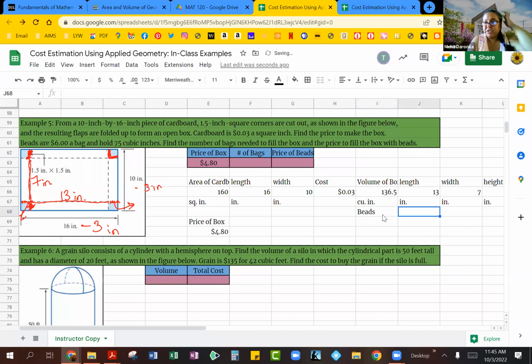And then, of course, the other question would be, how much will it cost us once we know how many bags we are going to need? So let's see, it's $6 for each bag. And 75 cubic inches.